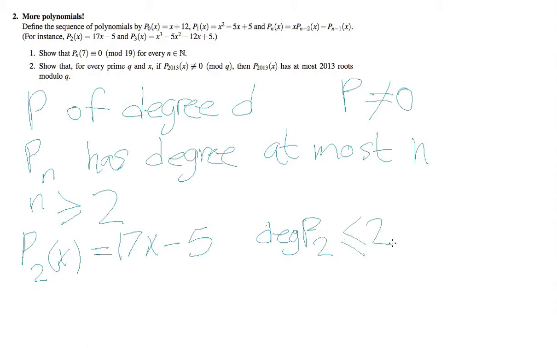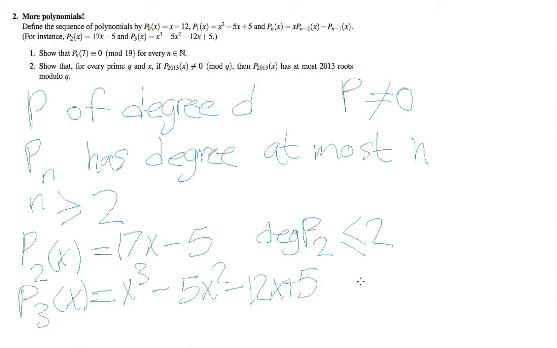So our inductive hypothesis holds for 2. What about 3? P3 of x is equal to x cubed minus 5 times x squared minus 12x plus 5, which has degree 3. So here we have degree of P3 is less than or equal to 3. So our inductive hypothesis holds for both 2 and 3, right?